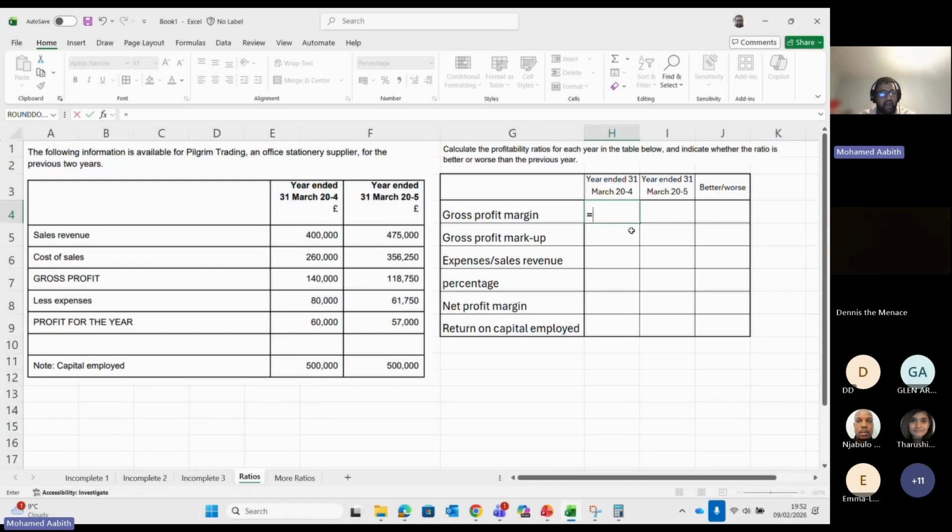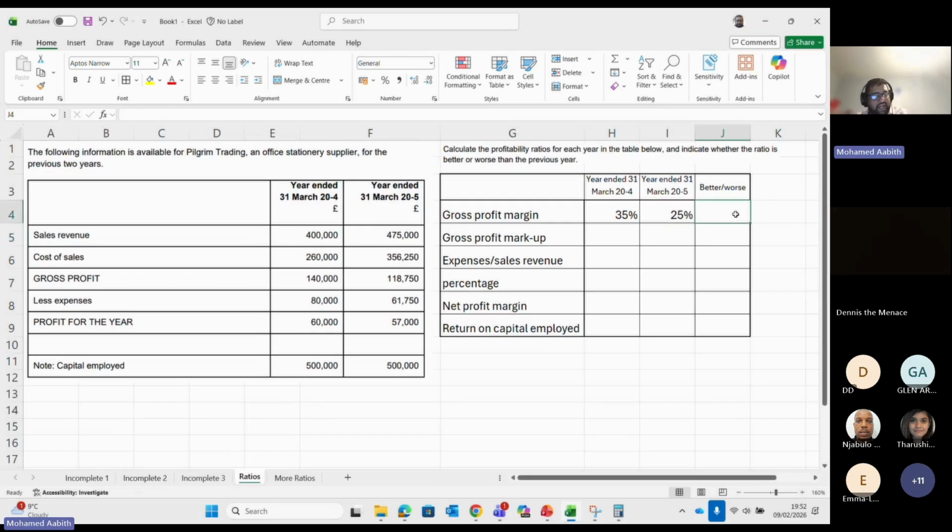So here the profit, in this case 140,000 divided by 400,000, my sales. So here the gross profit margin is 35%. But the next one is 118,750 divided by 475,000. It gave me a 25% return as a gross profit margin.